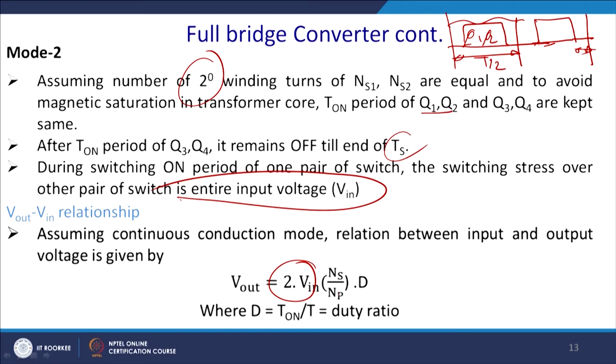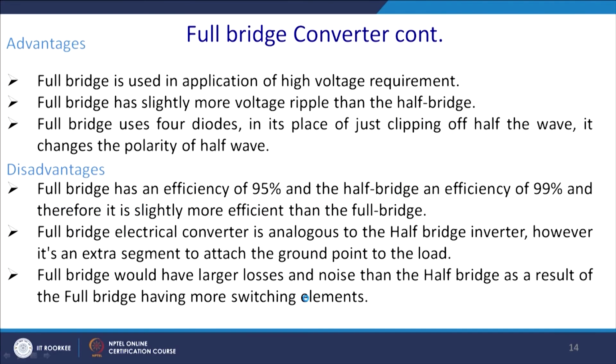So, you can play with the turns ratio and get the desired output voltage. What is the advantage of it? It is the simplest in operation, and you have 4 switches, so stress across the switches is less.